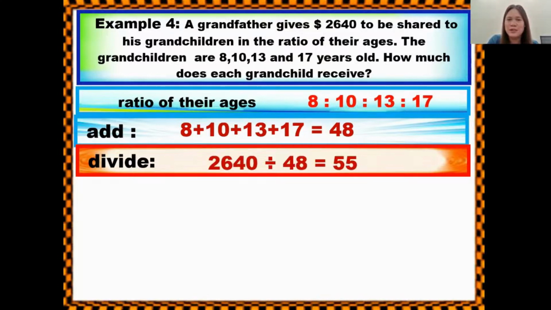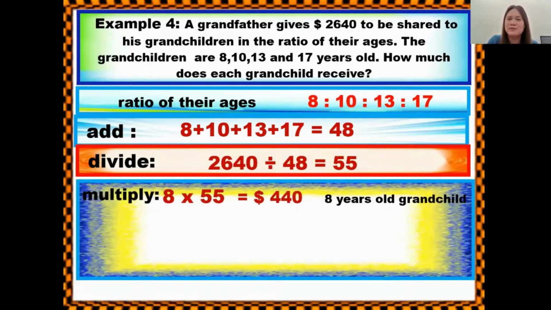And since we know already the value of one part, we will multiply that value to each of the number in the ratio, which is actually the ages of the 4 grandchildren. So the first, or the youngest, who is 8 years old, will receive how much? We will multiply 8 times 55, and that is $440.